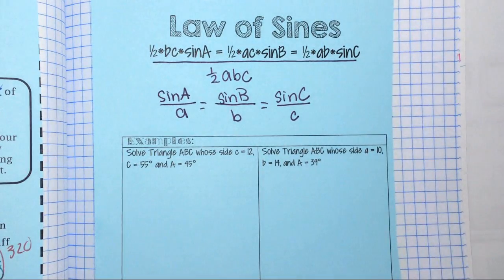Now, you use this when you have two special cases. And who remembers when we proved triangles similar and congruent? What did we use? One was angle, angle, side. And one was angle, side, angle.